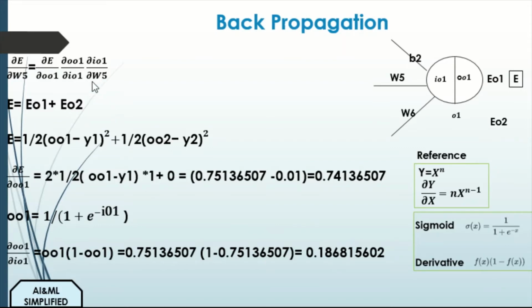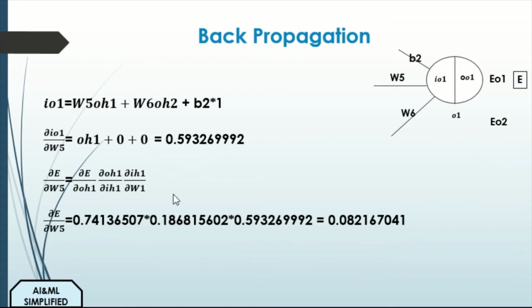Now we have to compute the third term, the derivative of IO1 with respect to W5. As we know, IO1 is basically W5 into the output coming from hidden node 1, plus W6 into the output coming from hidden node 2, plus a bias term.